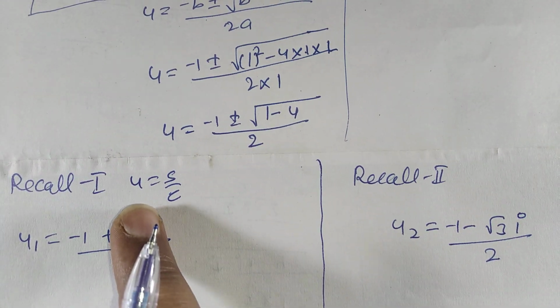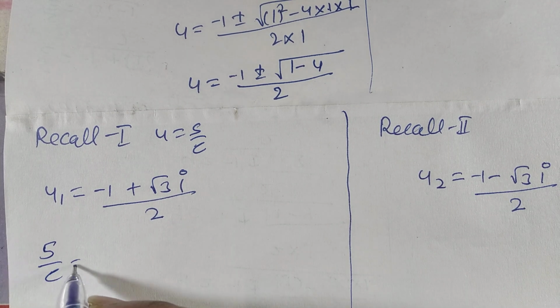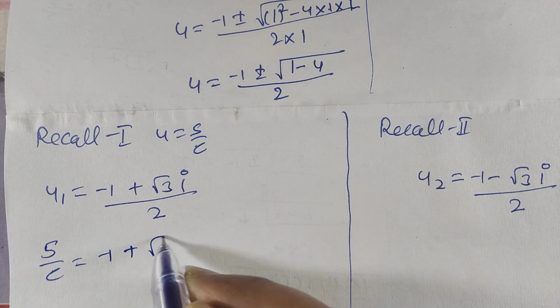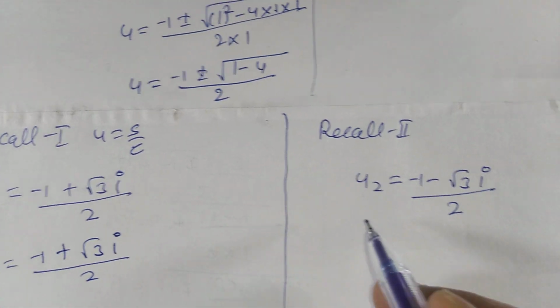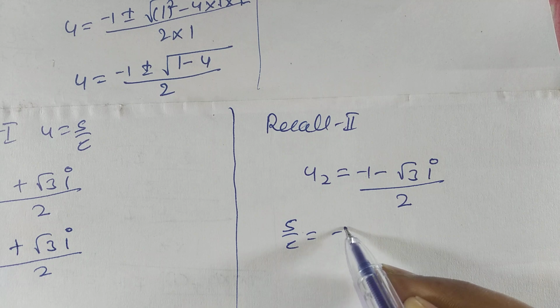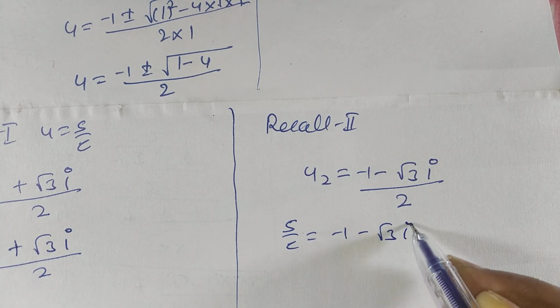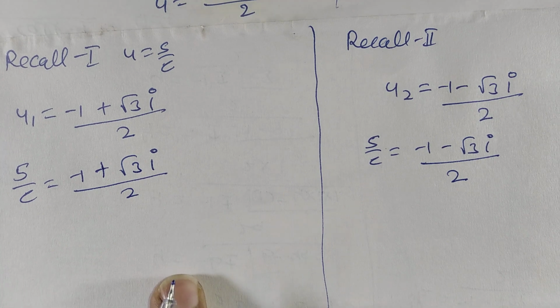The values of u are 5/c. So 5/c is equal to minus 1 plus square root of 3 iota over 2, and 5/c is equal to minus 1 minus square root of 3 iota over 2. Solving on both.